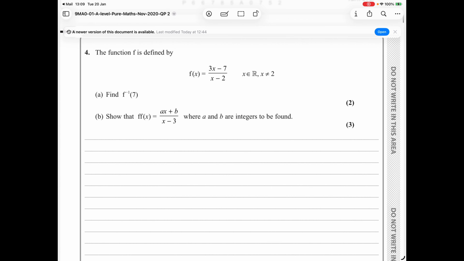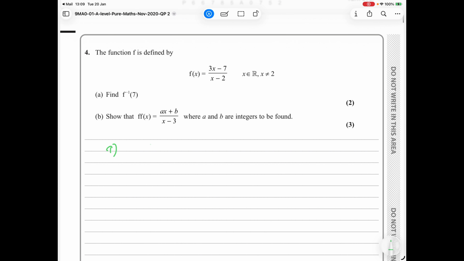Right. A function f is defined by f of x equals 3x minus 7 over x minus 2. So firstly, we've got to find the inverse for this. You'll know this from GCSE basically.